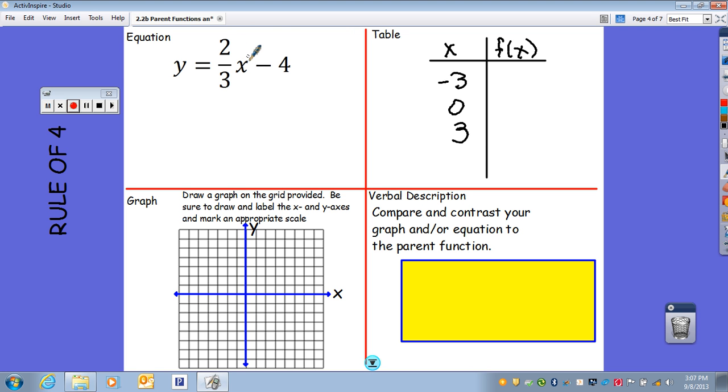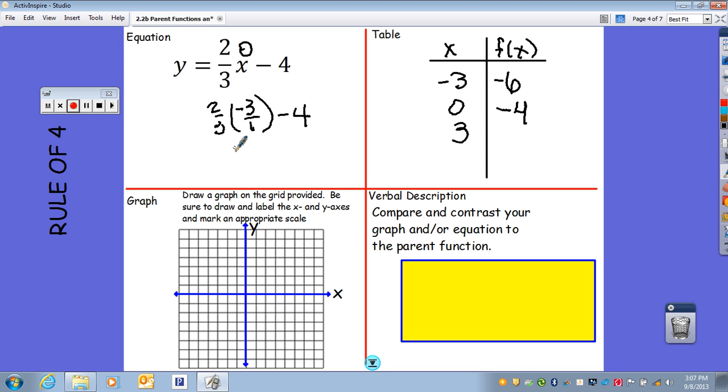So if I put a -3 in here and have -3 over 1, and I multiply those together, I'm going to get -6 over 3, which is -2, and -2 minus 4 is going to give me a -6. When I plug in my 0, 2/3 times 0 is 0, and 0 minus 4 will be -4.